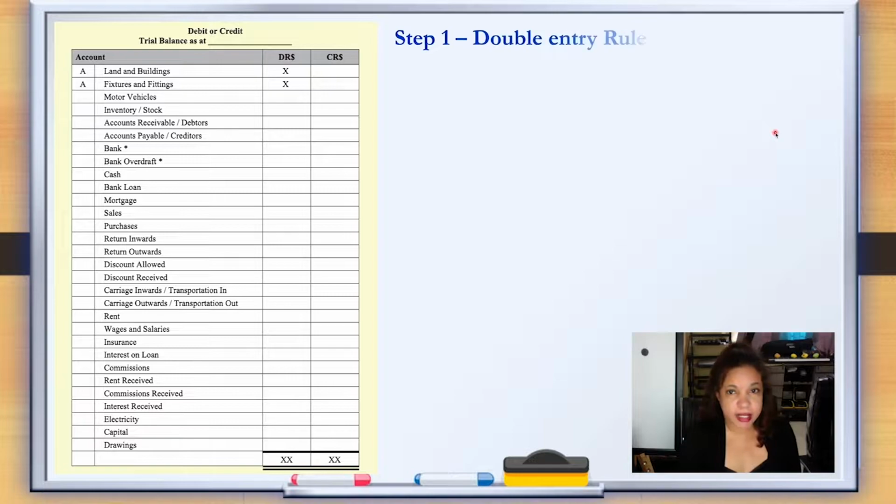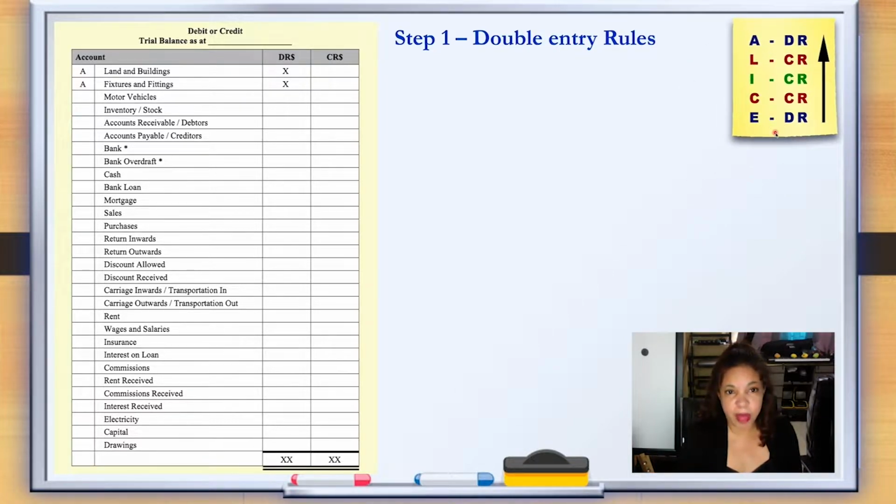So here we have an example. And remember, what I don't have would be the amounts. So first, what we are going to do is see, and we're just representing it with an X for now. The X marks the spot, which column you write it in. So the first step, remember what I said to do, jot down the rules.